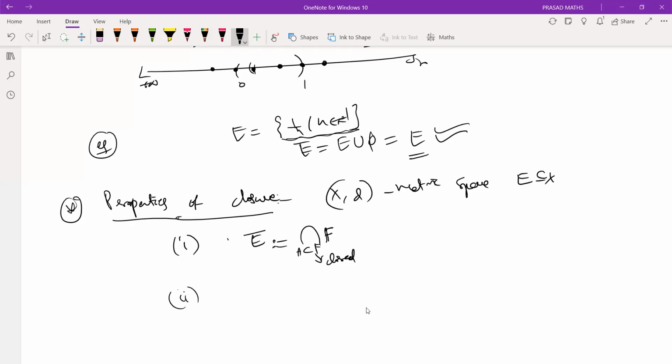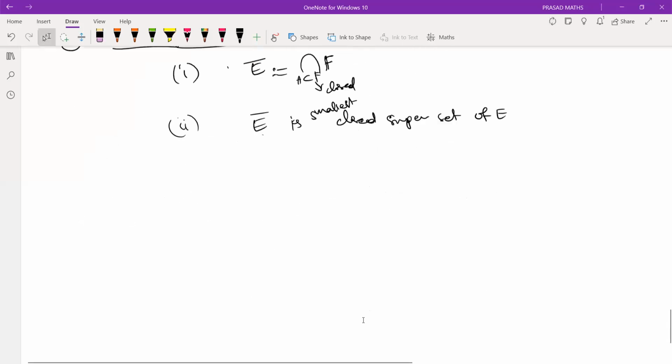Second one: E closure is a closed set, and it is the smallest closed superset of E, the very smallest among all closed supersets of E. Wait, what is the interior of a set?